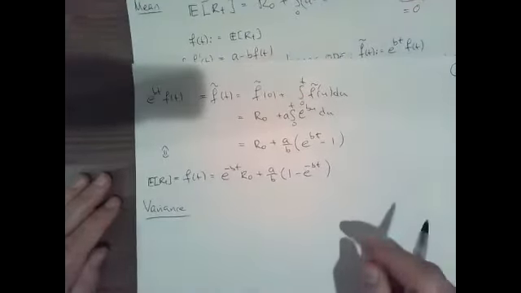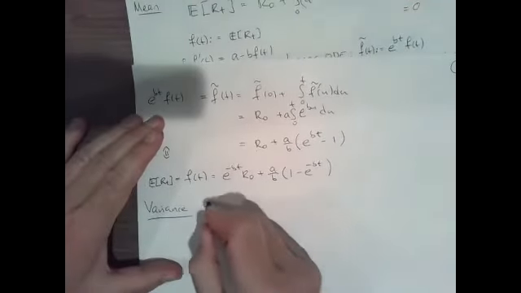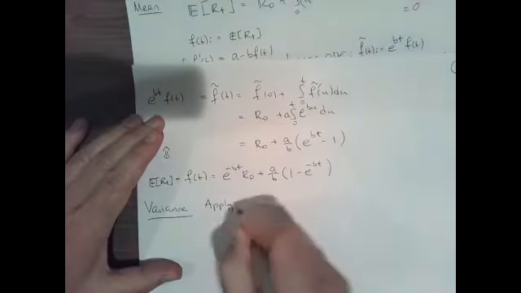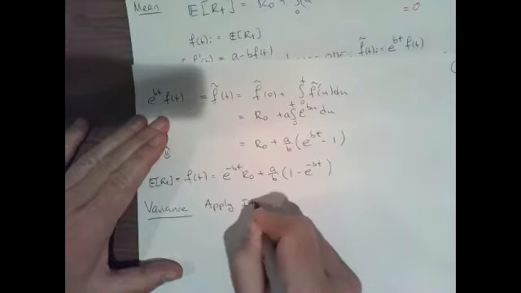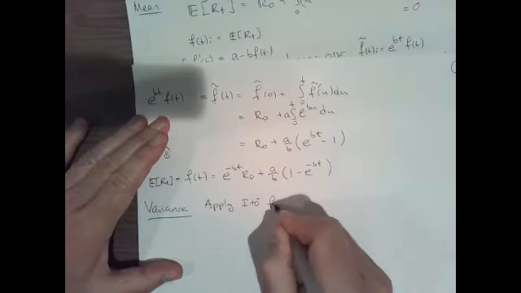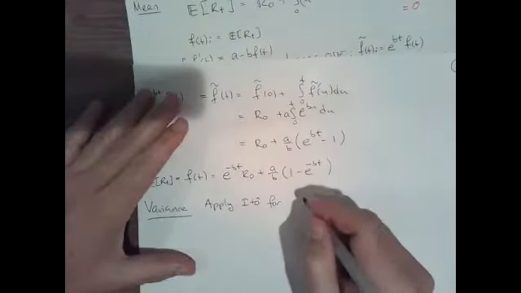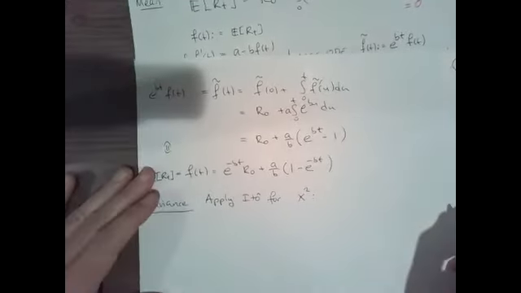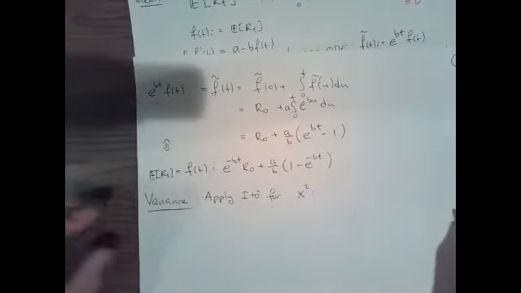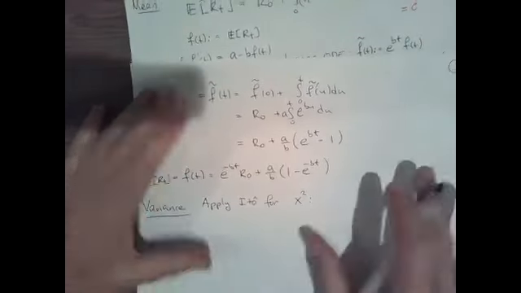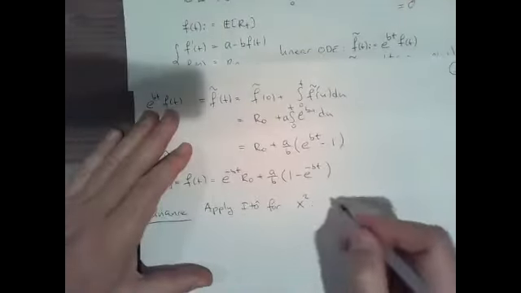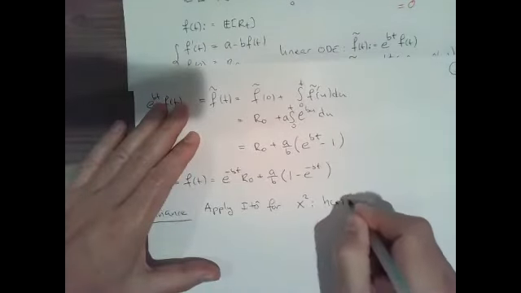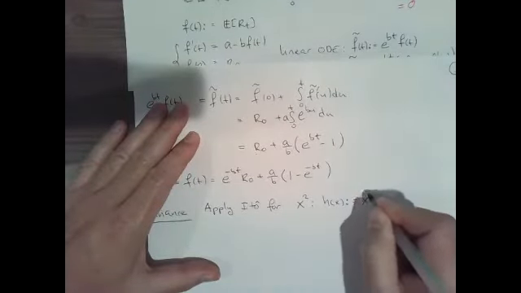To do the variance, this is where we apply Ito, for the function x squared. Let's look at h of x being x squared.